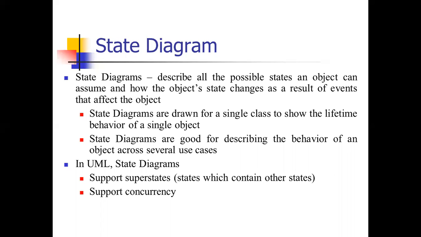The notations for initial state and end state are similar to the activity diagram. A state is denoted by a rounded rectangle with compartments to describe the state name, variables and activities. It represents the state of the object at an instance of time.